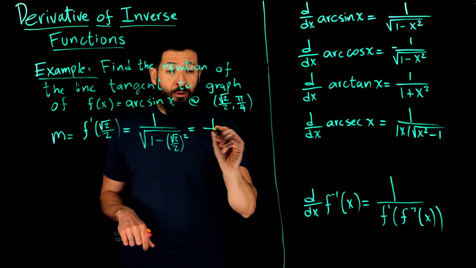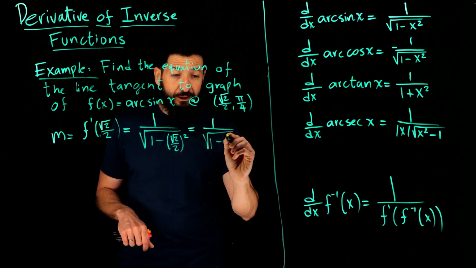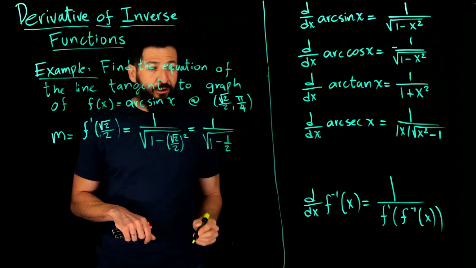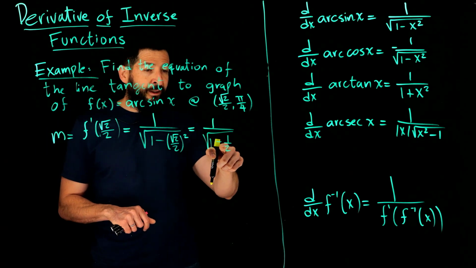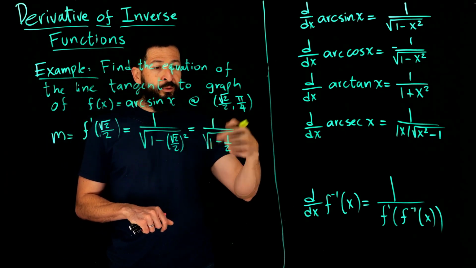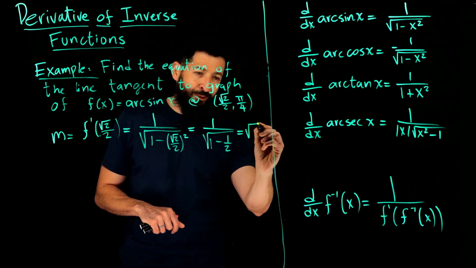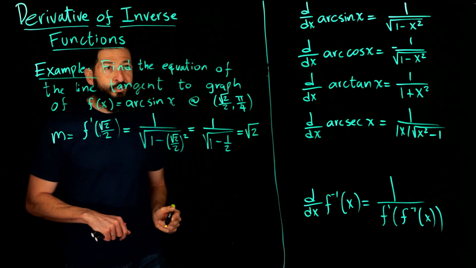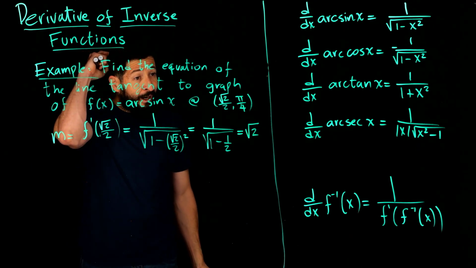So this becomes 1 over square root of 1 minus 1/2. Now 1 minus 1/2 is going to be 1/2. Square root of that is 1 over square root of 2. The reciprocal of that, square root of 2. So the slope is quite nice.